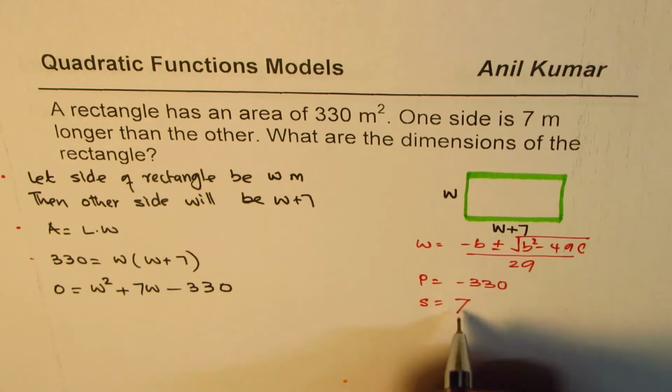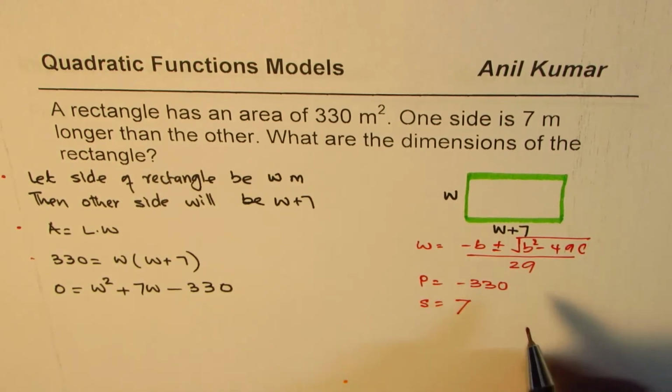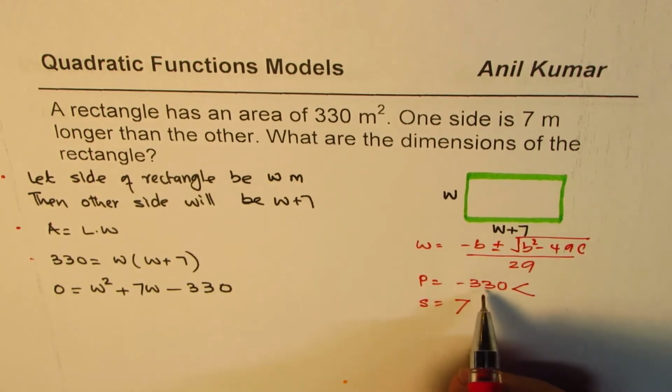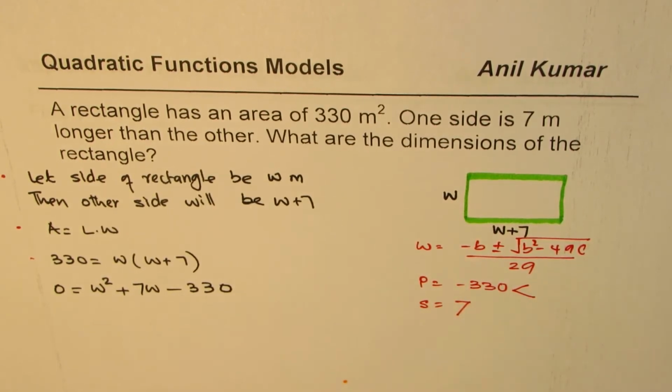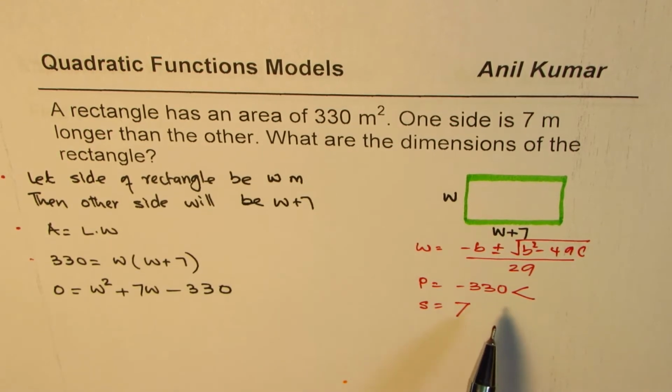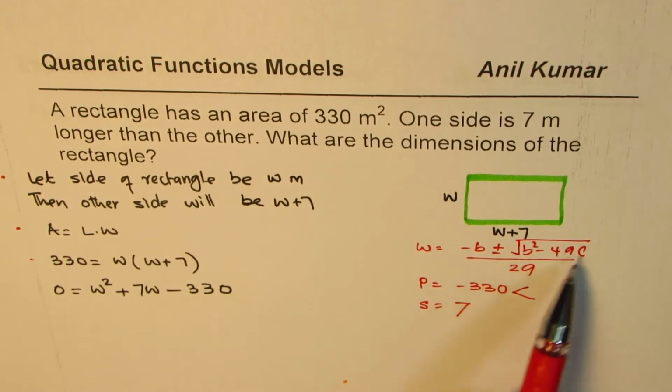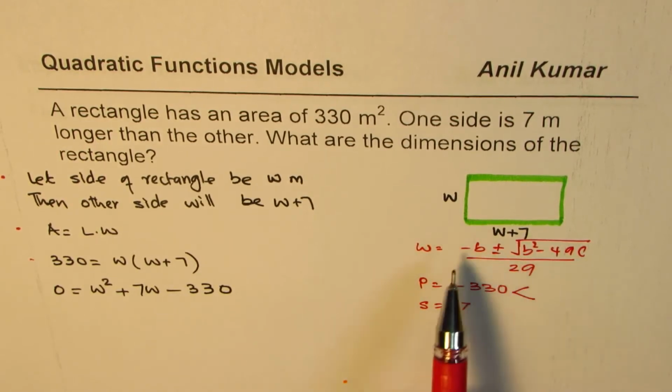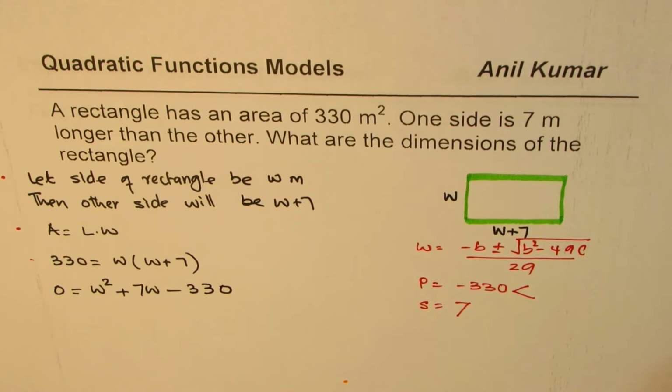Is it okay? Now 33 is kind of simpler to work with, since 11 times 3 is 33. Correct? So that gives you an idea that we could work with these numbers. Anyway, what I will do here is just apply this to figure out the solution.